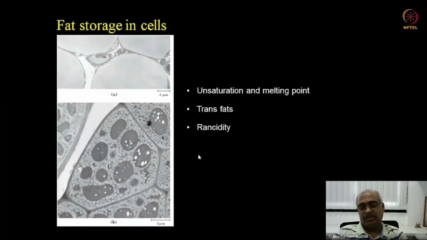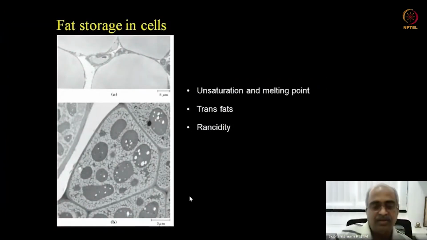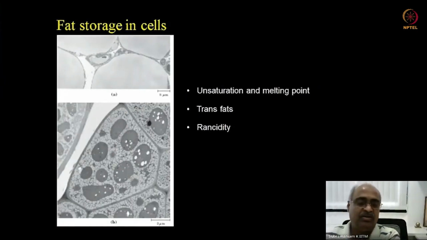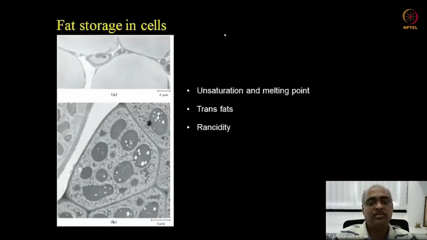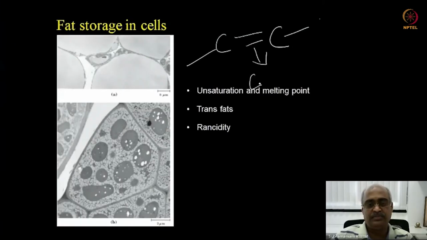This is primarily because of what actually happens in these unsaturated fats. If you have a double bond, let us say, so here you have carbon on either side. This double bond oftentimes becomes, okay, I'll draw here. It gets oxidized.